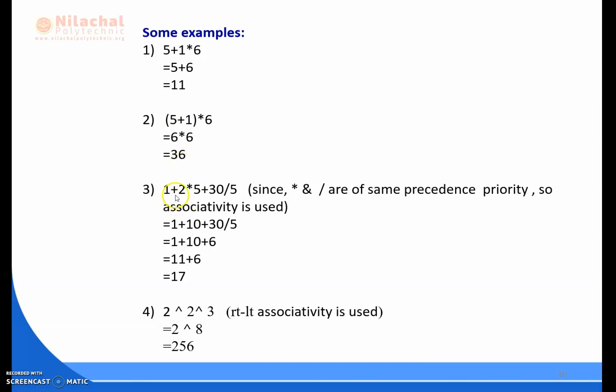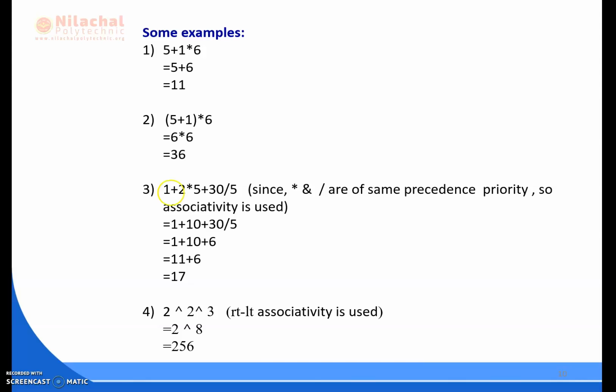Here is another arithmetic expression which says 1 plus 2 multiplied by 5 plus 30 divided by 5. Okay, so here there is no parenthesis, so the first preference goes to multiplication and division. As multiplication and division are of same precedence priority, we need to check the associativity rule.